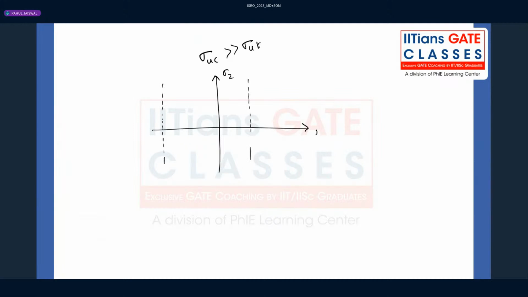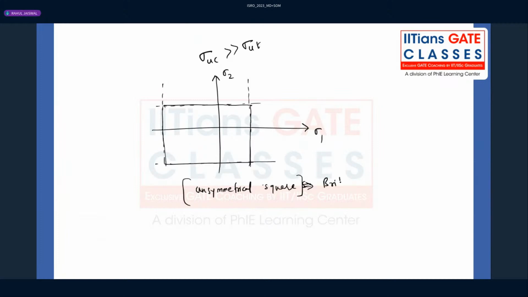Here we have sigma 2, here we have sigma 1. You will get the graph as an unsymmetrical square section for brittle material, because this theory of failure, maximum normal stress theory, is very much suited to brittle material.